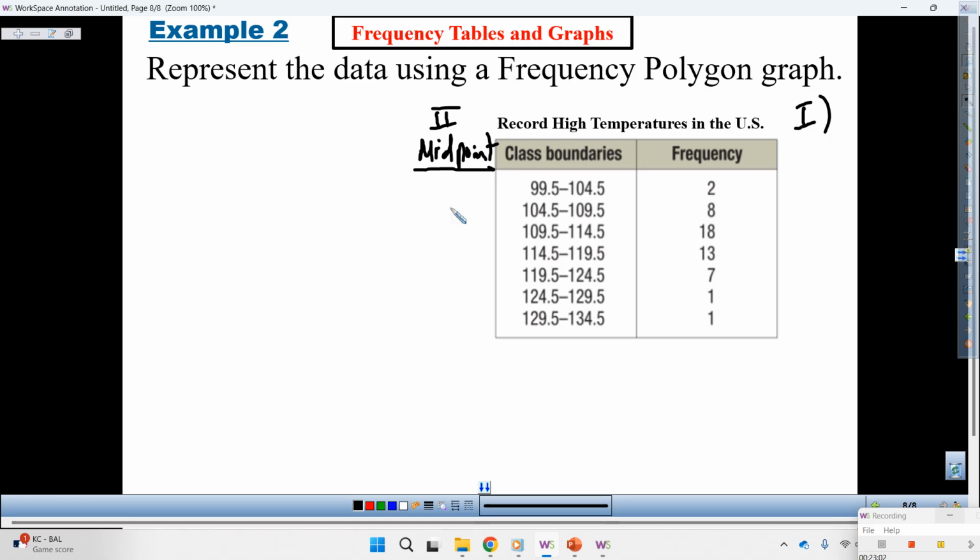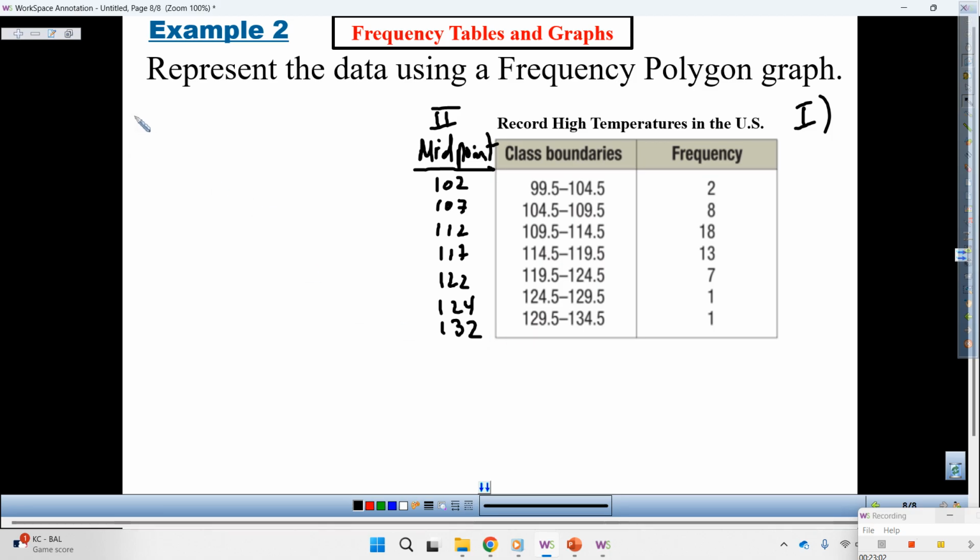How do you find the midpoint? Yes, add the boundaries and divide by 2. But in this case, since it's the same table as before, we already have them, right? So we start at 102, 107, 112, 117, 122, 127, and 132. All right. So, step 2, done.